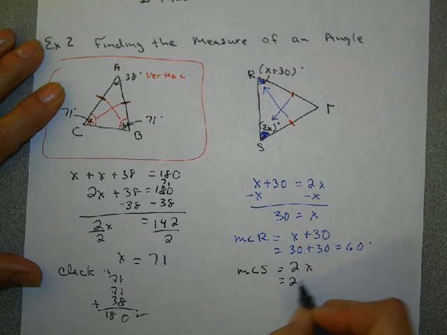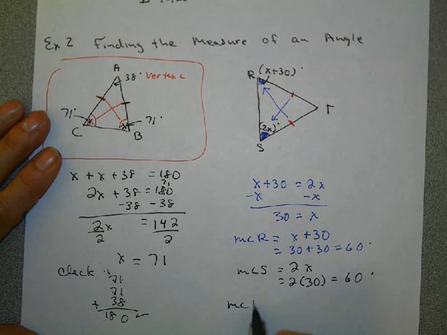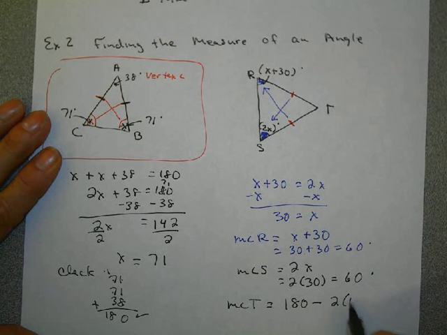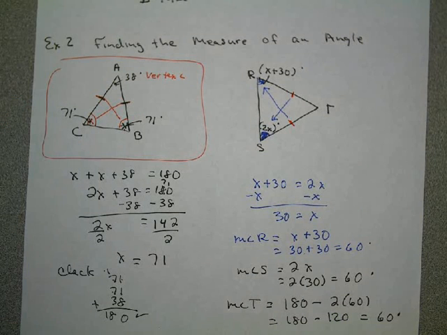Now, to find the measure of angle t, all I have to do is say 180 minus these other 2 angles, 2 times 60. And that's going to be 180 minus 120. Well, it turns out, in this case, t is also 60 degrees. So it's not only isosceles, which has at least 2 congruent sides, it's actually equilateral, because it's got 3 congruent angles, which means 3 congruent sides.